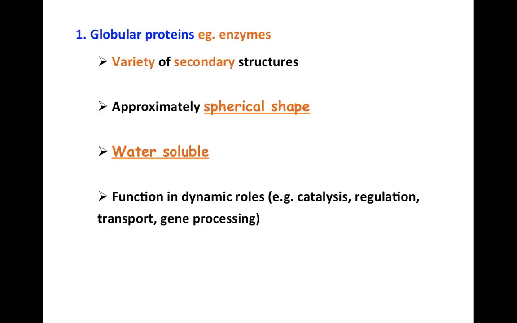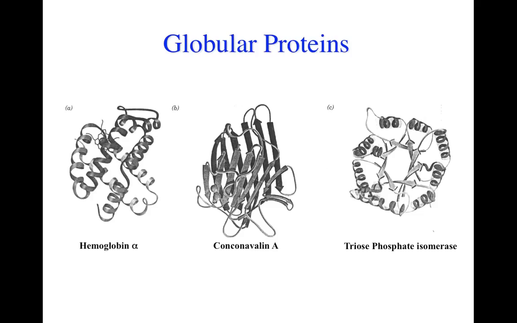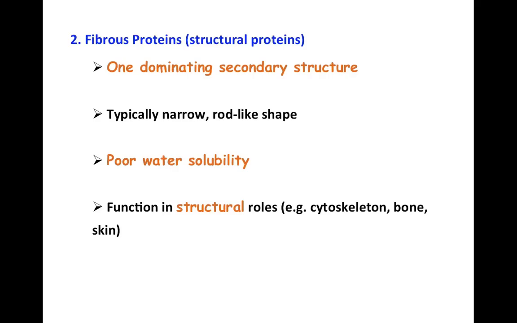Most, if not all, globular proteins will have a spherical, three-dimensional shape. And because of that shape, you will see later on that they are water soluble. Globular proteins play important roles in catalysis, regulation, transport, gene processing, and so on. So these are some examples of globular proteins, for instance, hemoglobin.